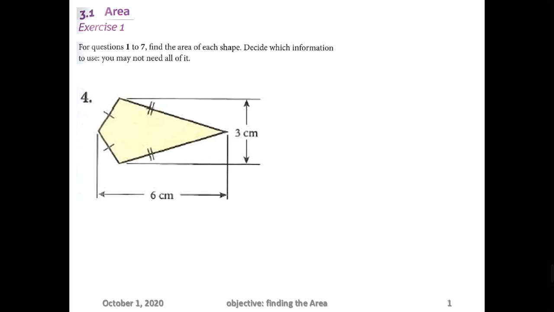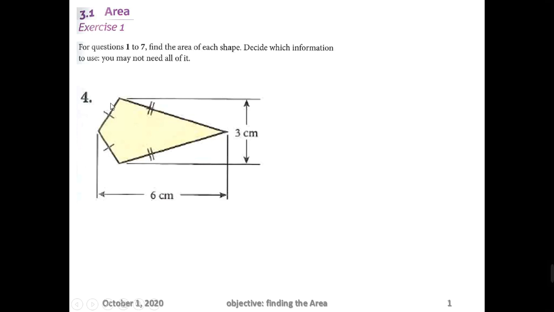And now we're going to learn how to find the area of this shape here. What do we call this shape? We call it a kite. And what is a kite? A kite is actually a quadrilateral.